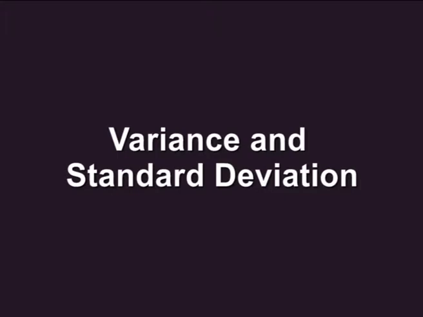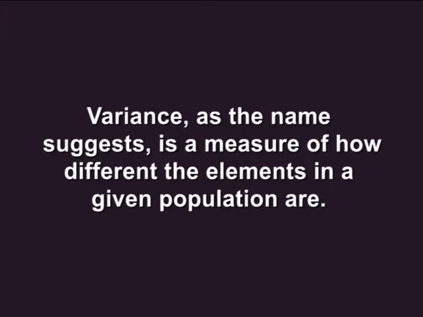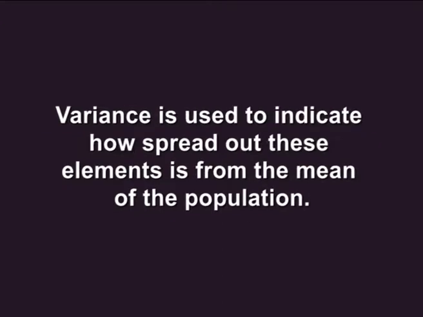Then we have variance and standard deviation. Variance, as the name suggests, is a measure of how different the elements in a given population are. Variance is used to indicate how spread out these elements are from the mean of the population.